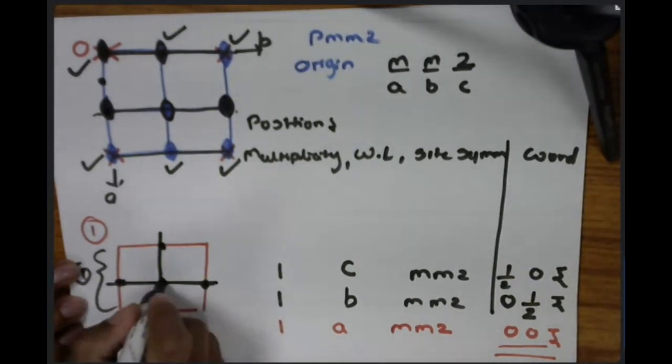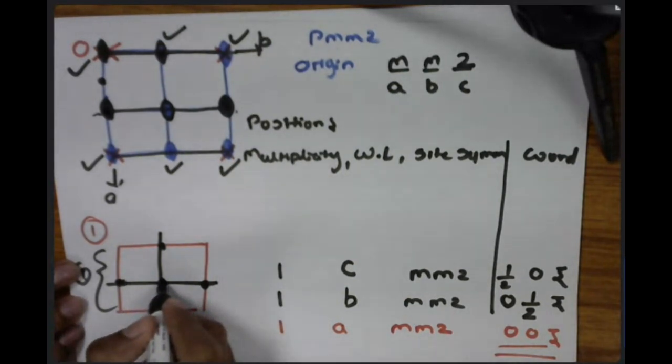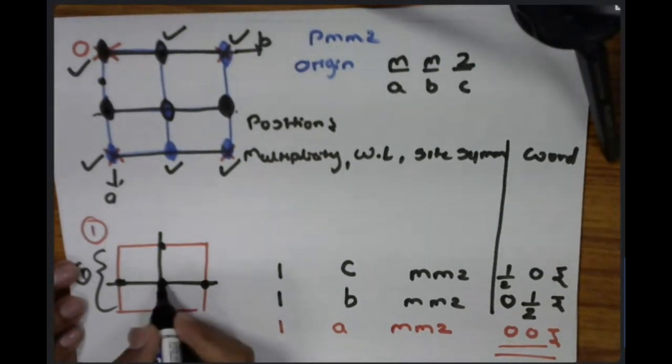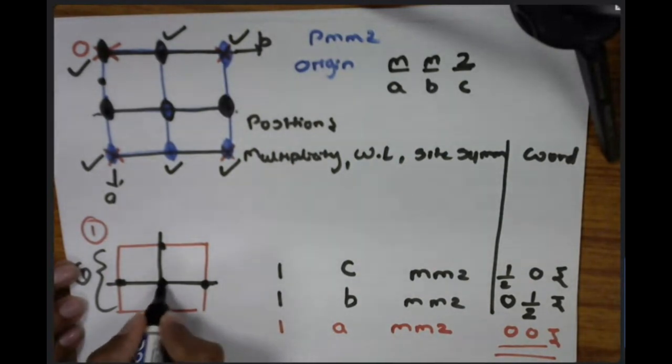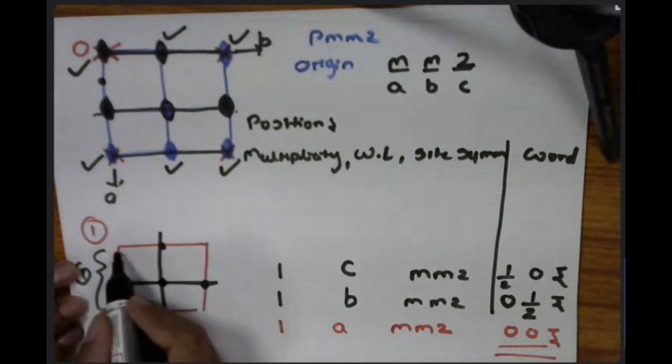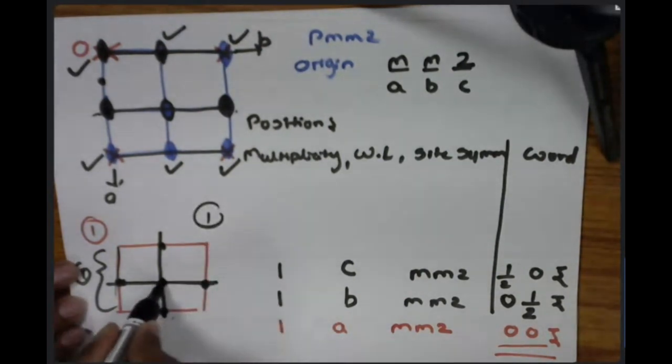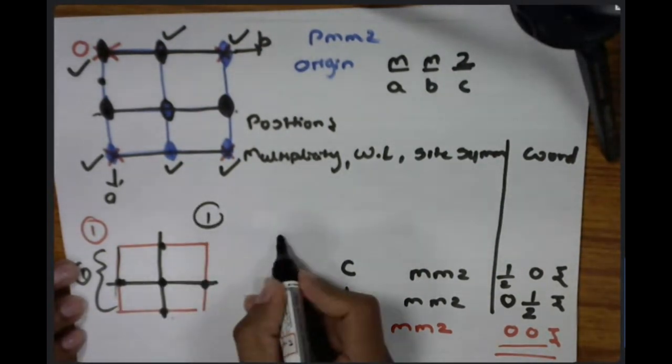And along the z also, if I rotate by 180 degrees, twofold rotation, the point will remain as it is. It's not going to change. So effectively, it is not producing any other point other than itself. It is coinciding with itself. So in the unit cell, only one point is there corresponding to this particular site. So the multiplicity again here is 1.